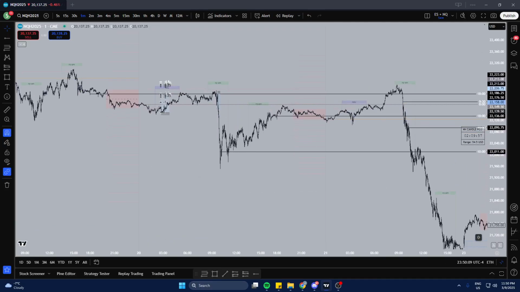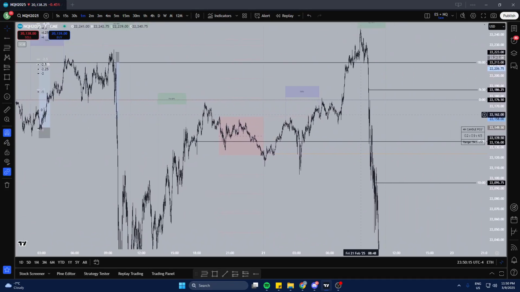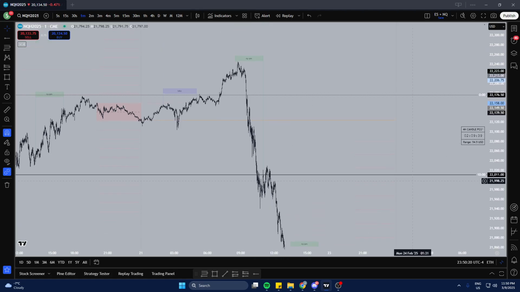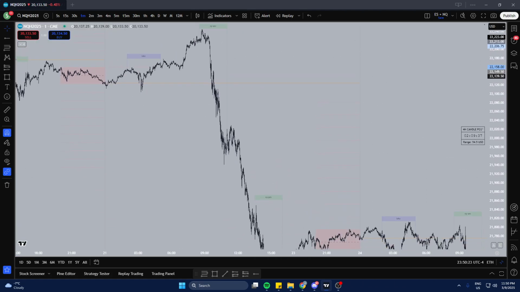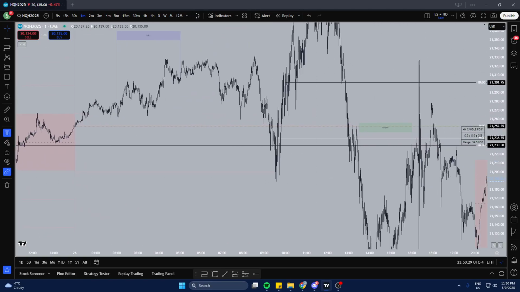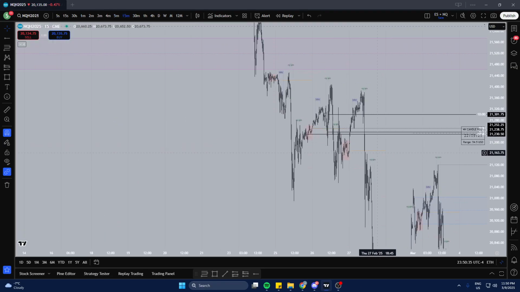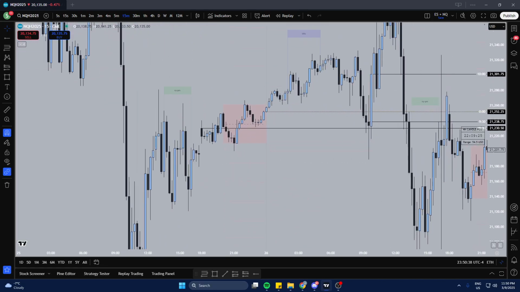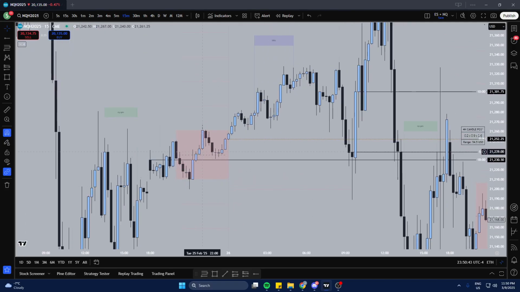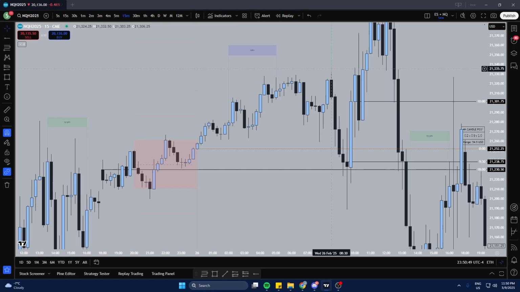Okay, whatever. Yeah, that's key open. So a lot of the time when key opens are set, they always want to tap into the premium or discount for the day on this session. Just go on the 15 minutes. So let's look at this day. We had a new day, and same thing, we're in premium for most of the day, and we're bullish for the day.